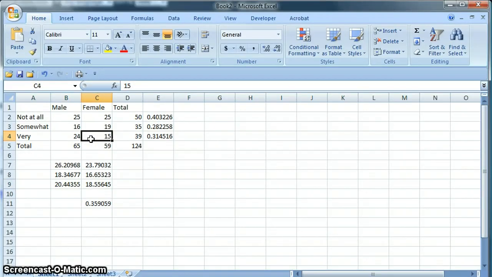Our question, though, is that enough of a difference to then make an inference about the target population, which is going beyond the sample? The answer, because our chi-square result is significantly bigger than 0.05, is no. This is not enough evidence to conclude that males and females are different in the target population for this set of data.